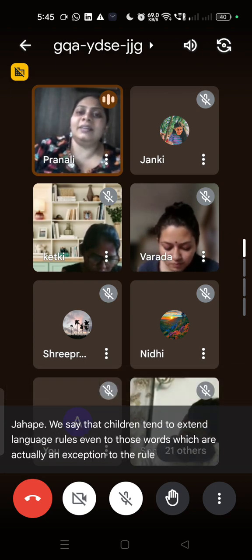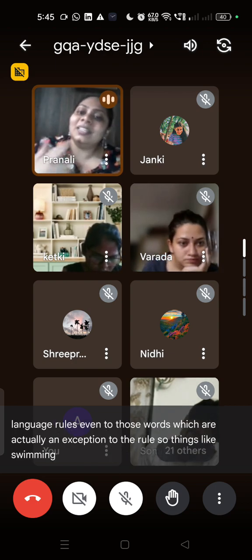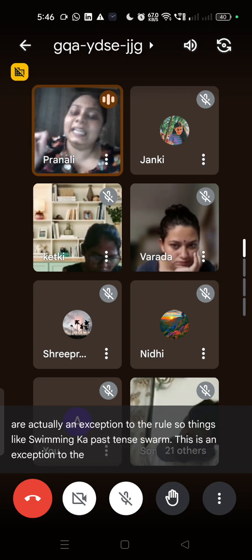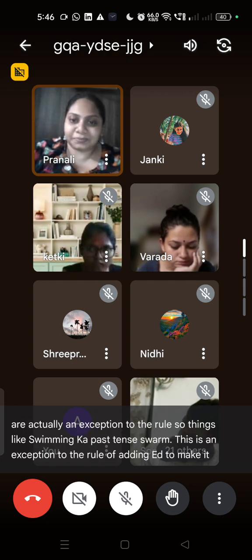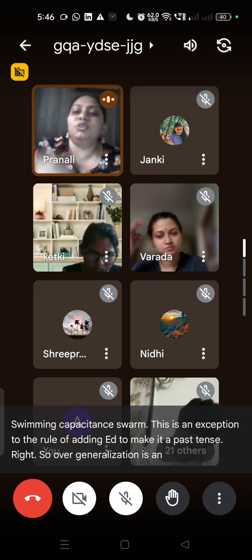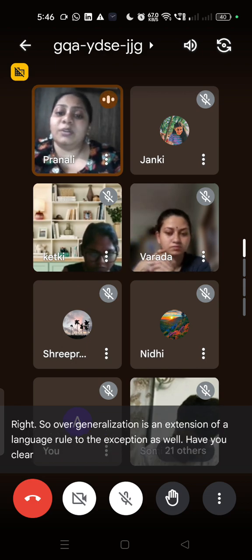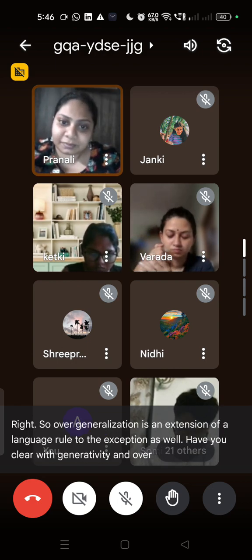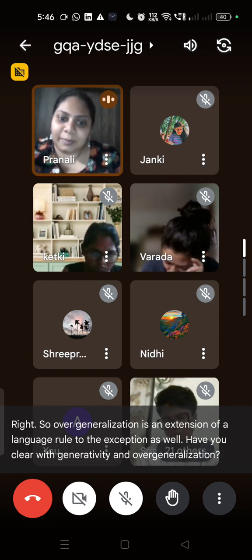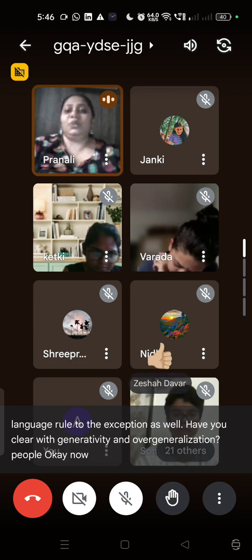So things like swimming का past tense swam, this is an exception to the rule of adding ed to make it a past tense, right? So overgeneralization is an extension of a language rule to the exception as well. Are we clear with generativity and overgeneralization? People? Okay.